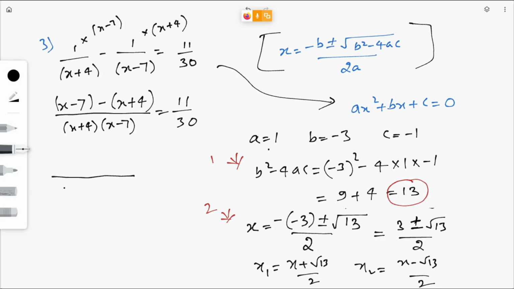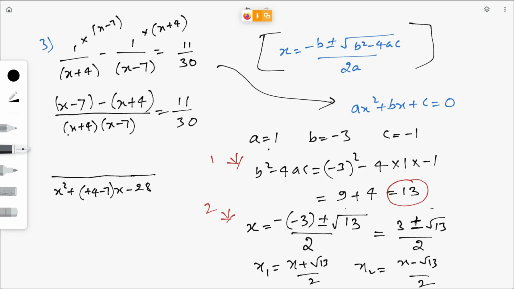Okay, let me first find x plus 4 into x minus 7. What will you get? Using the x plus a into x plus b formula, x square plus 4 minus 7 x, and then 28, the product of those two.